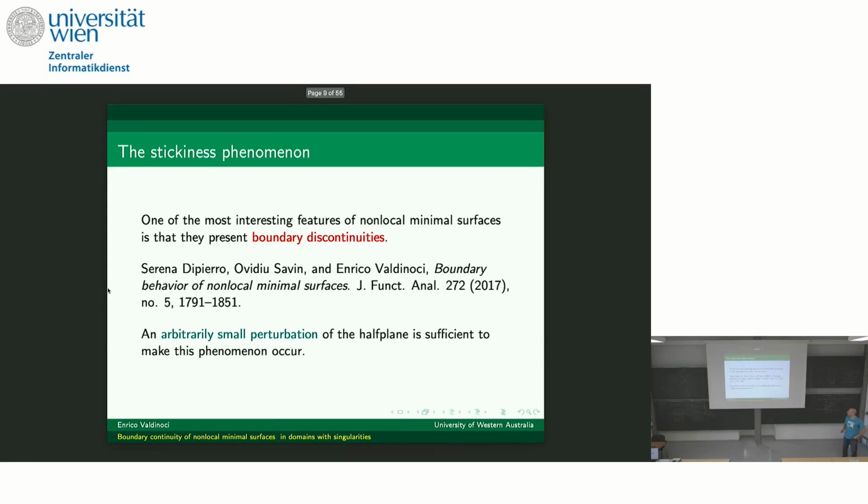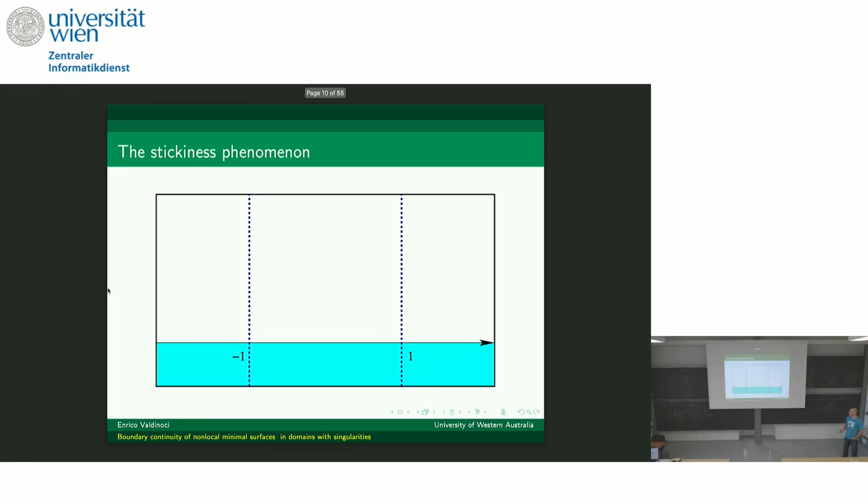Of course this is not a proof, but it's sufficiently close to justify a strong desire to give a proof, and the proof that we gave of this fact is actually very general, and it includes a very large number of examples. We proved that an arbitrarily small perturbation of the half plane will produce this kind of stickiness phenomenon.